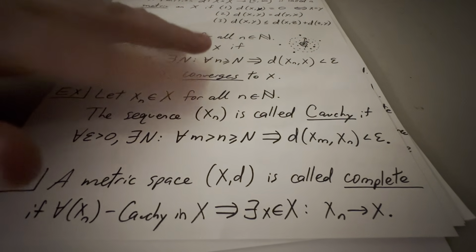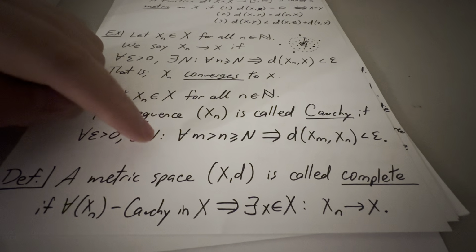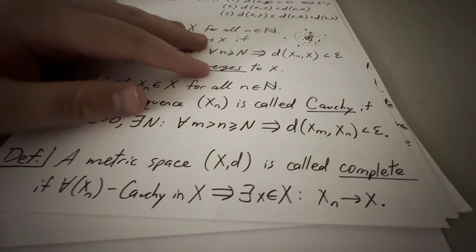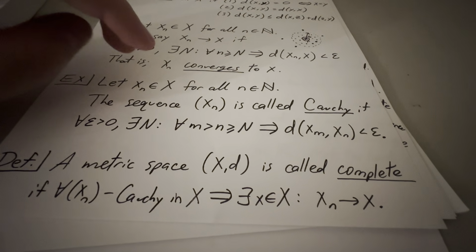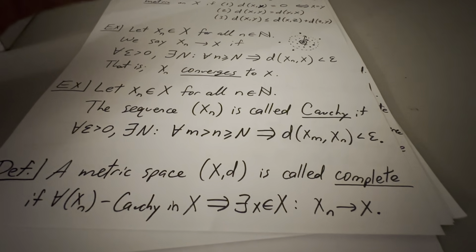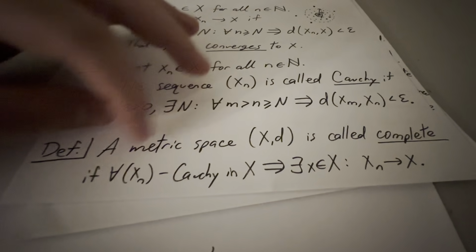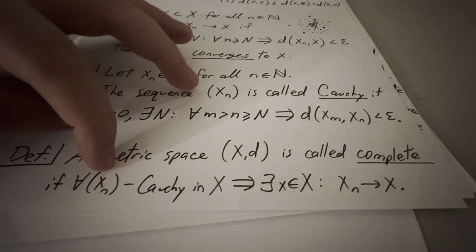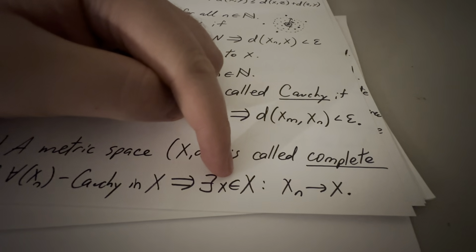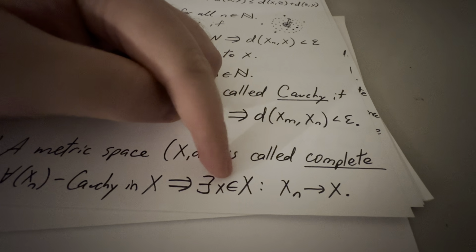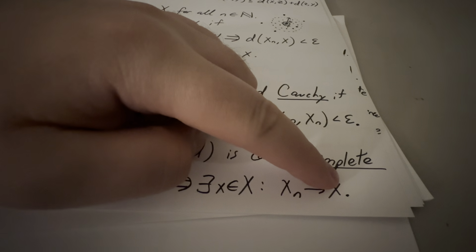So why do we care about these two definitions? Well, it kind of plays into this notion of completeness when it comes to metric spaces. So we say that a metric space is complete if, given any Cauchy sequence, you can find a point x in the metric space such that that sequence converges to x.